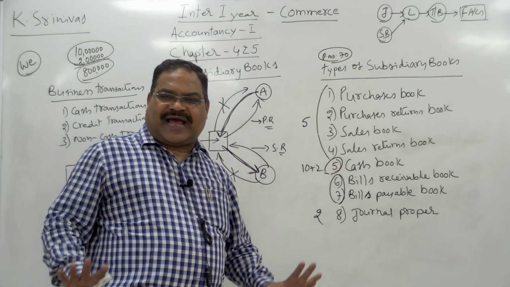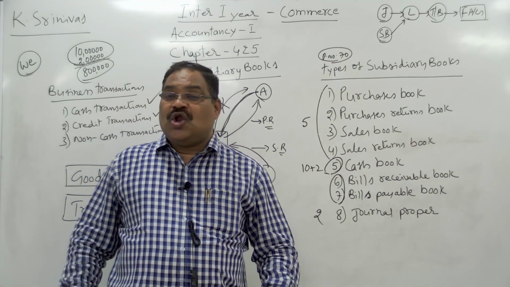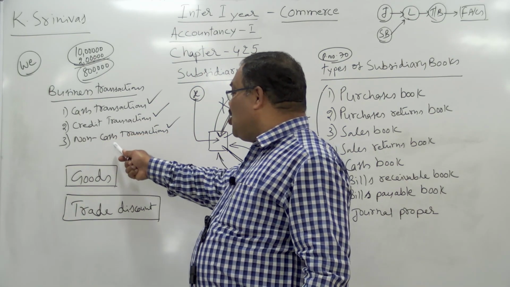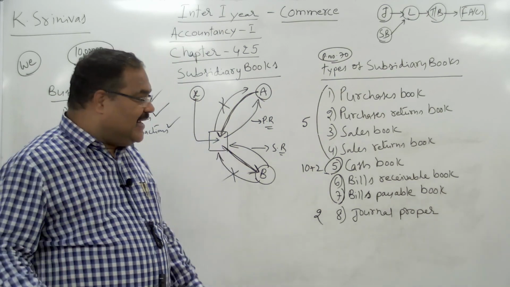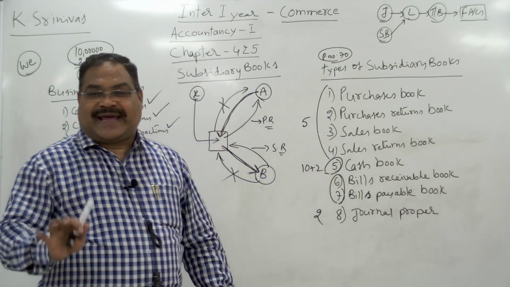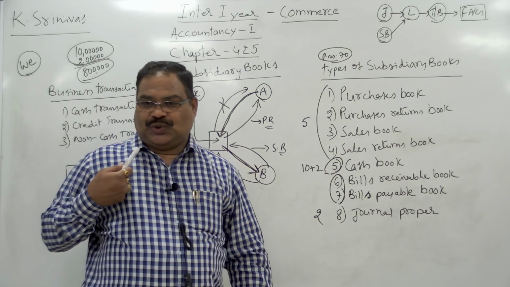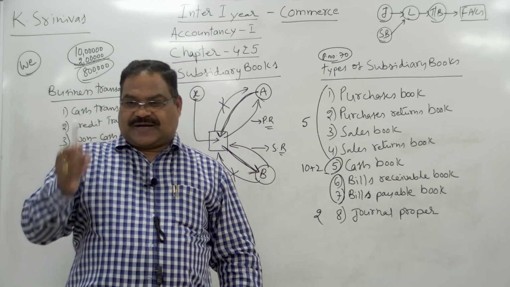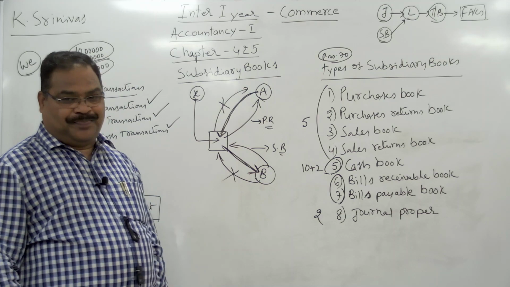Next, the cash book. Cash book deals with only cash transactions. In other words, no credit transactions, no non-cash transactions. I am going to teach you the total subsidiary books. Actually, subsidiary books, if you see in the textbook, are in chapter number 4 only.